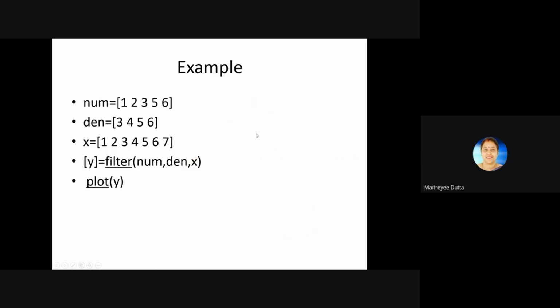Now what do you mean by FIR filter and IIR filter? By the name only you can understand: FIR is known as the finite impulse response filter, and IIR is known as the infinite impulse response filter, right?